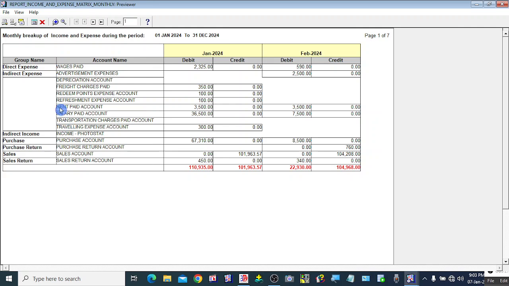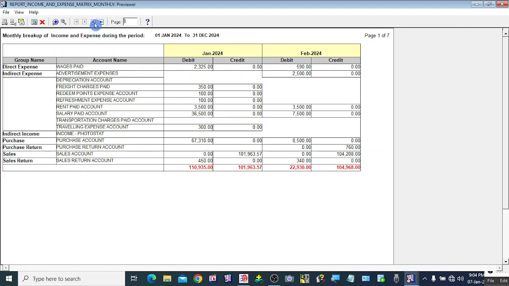Here we can see on January 2024, my income and expense ledger summary. During the month of January 2024, the wage paid was 2,325, and the same wage in the month of February we have paid 590.